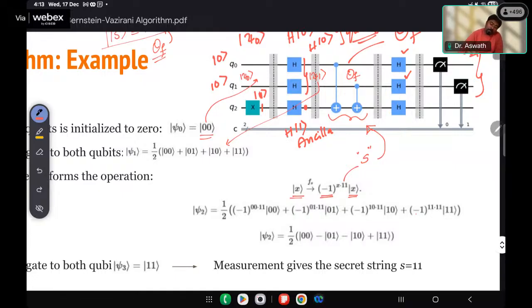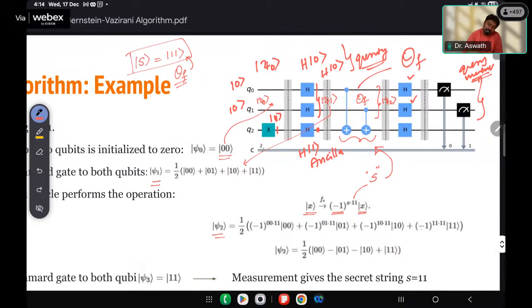Now x in our case is psi 1. Psi 1 goes through the oracle function and becomes psi 2. So psi 2 here is minus 1 to the power of 0,0 x multiplied by the shift function 1,1.